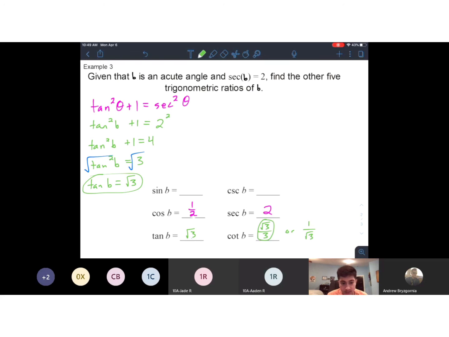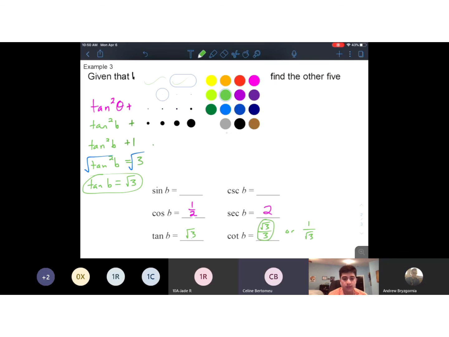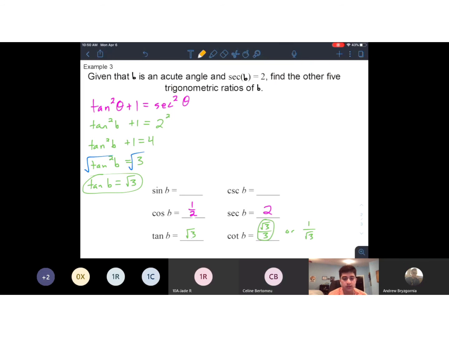Now, does anybody have an idea of how we could get sine? Make an equation. Which equation, the first one? Yes, we could. Sine over cosine is tangent. Okay, I'm going to write down both.